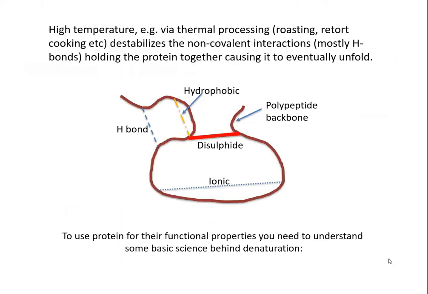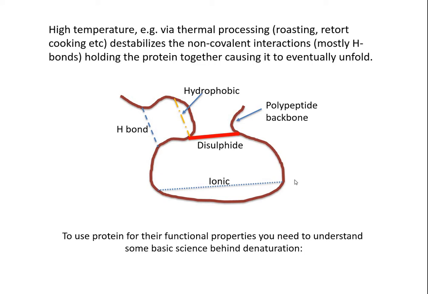Okay, you can recall the part we covered in food structures. These are the long chains of the polypeptide. It is stabilized by covalent bonds like disulfide and several others, and non-covalent bonds like hydrogen bonds, hydrophobic and ionic interactions.